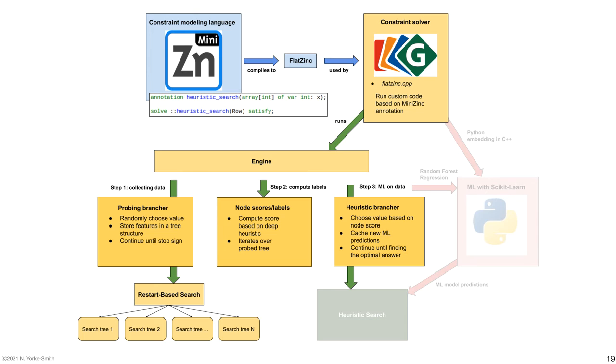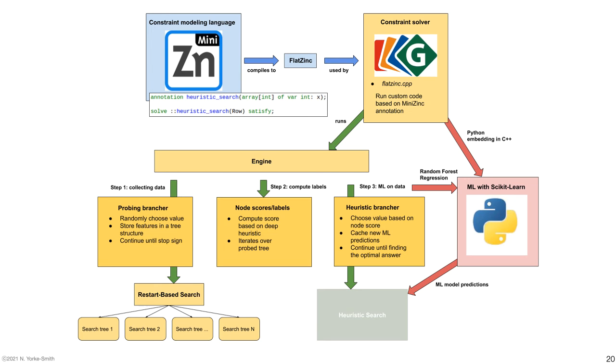So we're going to choose values based on the node score, and we're going to cache the predictions of our machine learner. The details of how we do this are in the paper. The key thing to know is that we're going to use a random forest regression. We tried several learning algorithms. What this means in practice is that G-code is going to call Python, and we're going to run scikit-learn to do some learning.